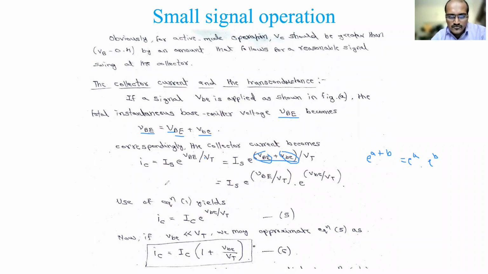Then use equation 1. What is equation 1? IC is equal to IS into e to the power VBE by VT. The confusion here is with the letters: instantaneous, AC and DC.